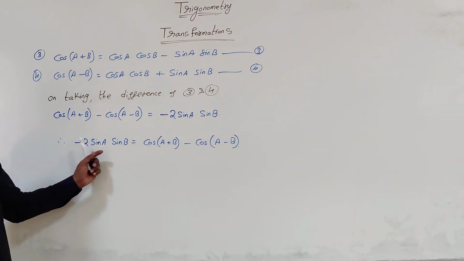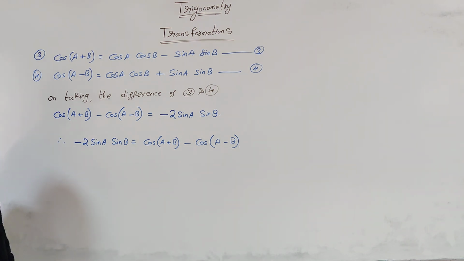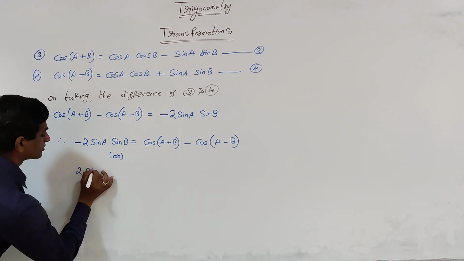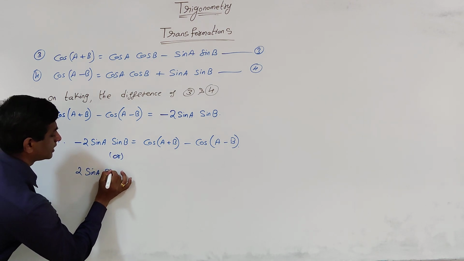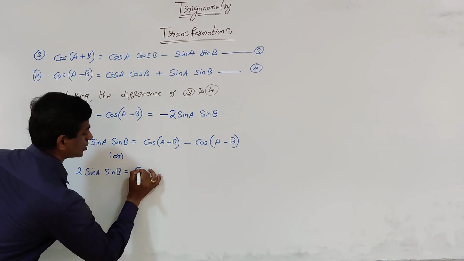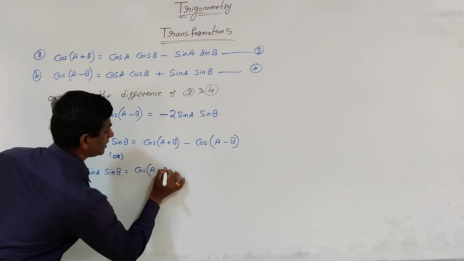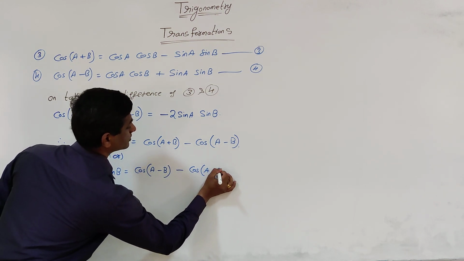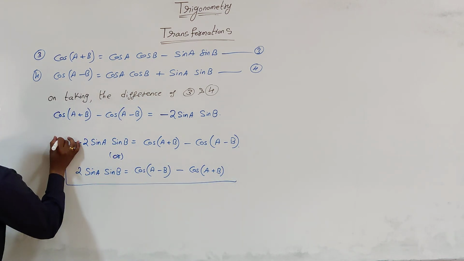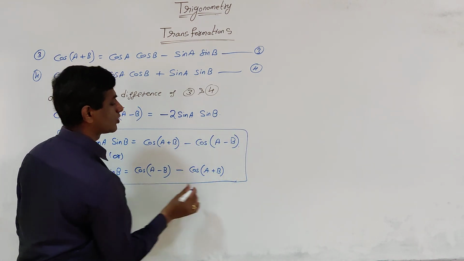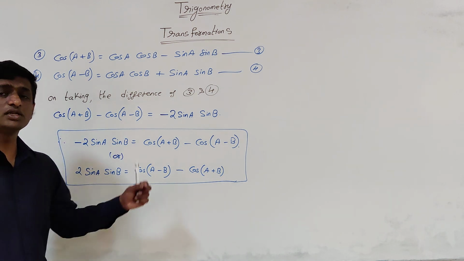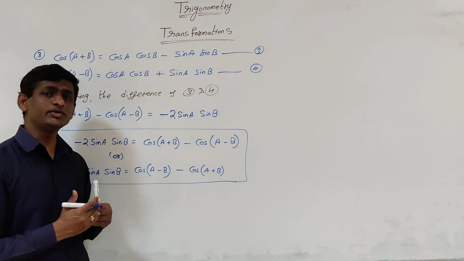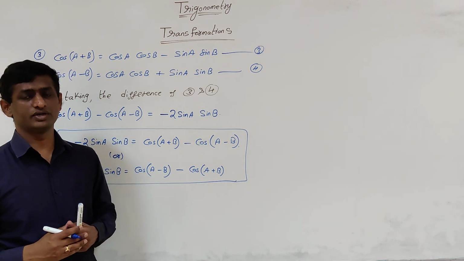Or what happens if we take the negative as common? 2 sin A sin B can be written as cos of A minus B minus cos of A plus B. So this is the transformation of product to difference. So these are the 4 transformations by which we have converted product to sum or difference.